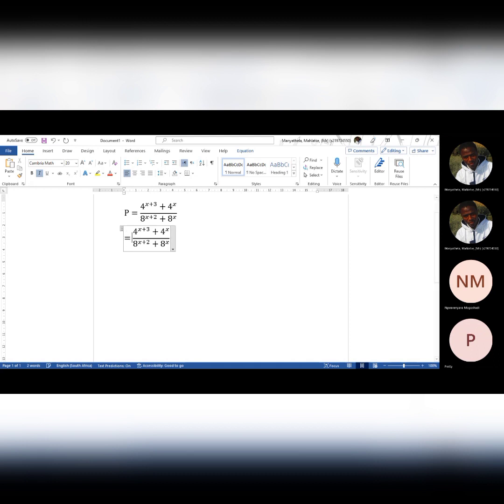And 8 gives us 2 to the exponent 3. So I change here to 2 to the exponent something, and in this one also 2 to the exponent something.